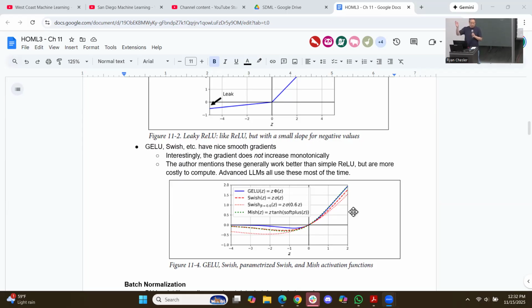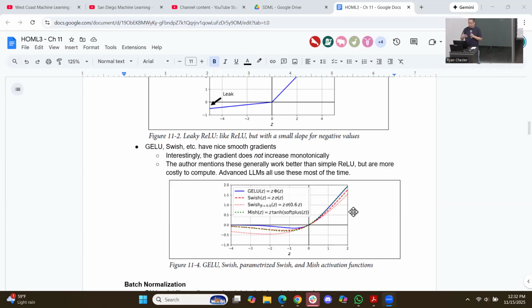So they all have a slope of approximately 1 for all large numbers. They're all curvy, so they don't have any kinks in them. And the interesting thing is that they all dip down, but then eventually come back. And at very large negative numbers, they hug the x-axis.